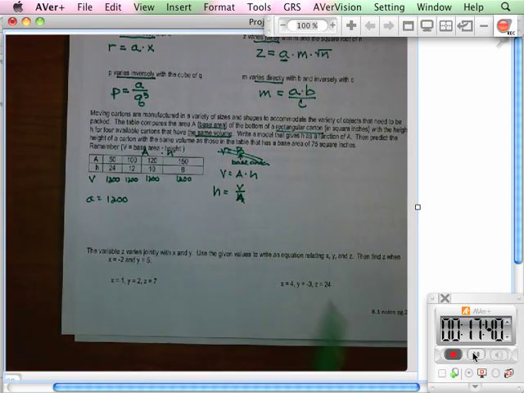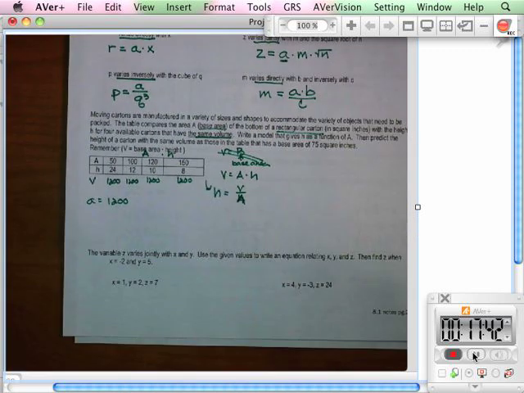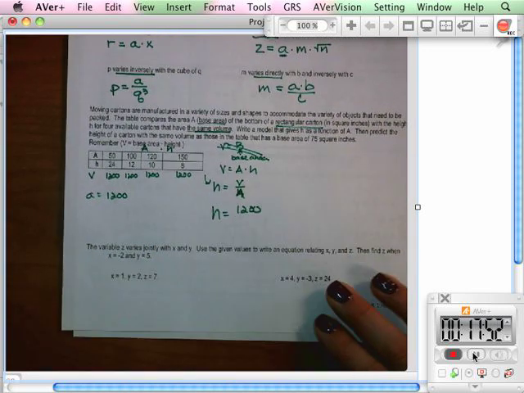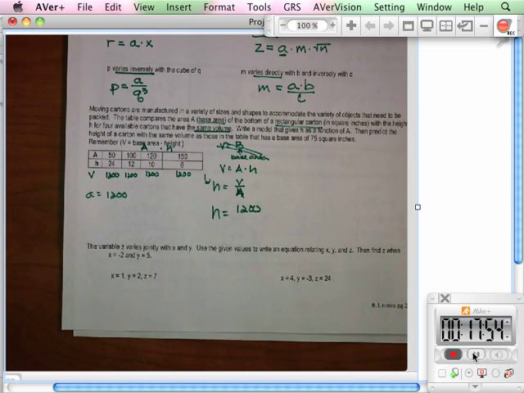This is my goal. I need to write a function for H. Did I figure out what the volume is, which is the constant? What is the volume? 1,200, right? Yeah? I figured out the constant is 1,200.